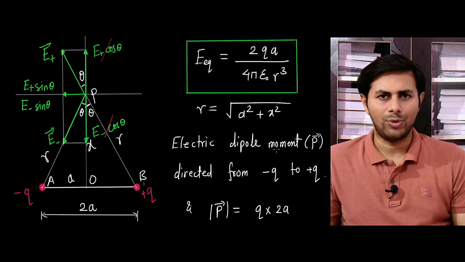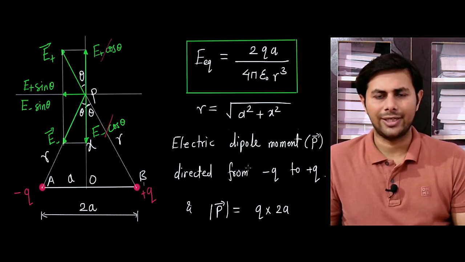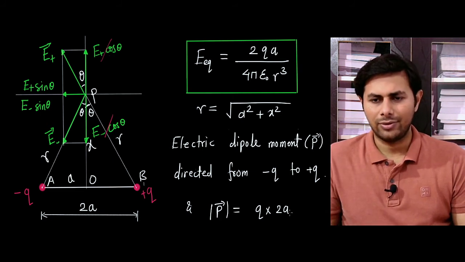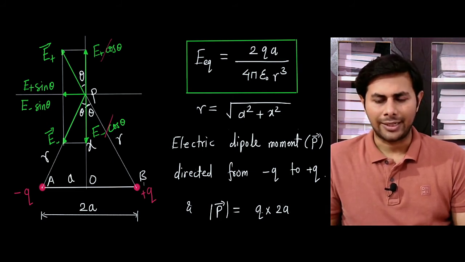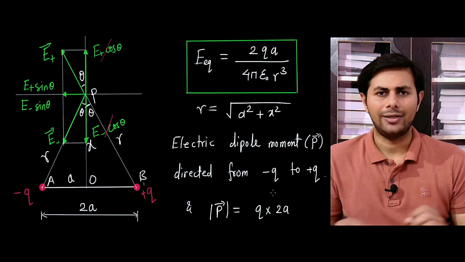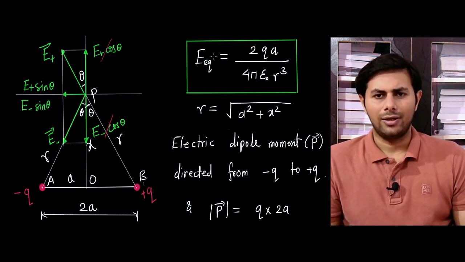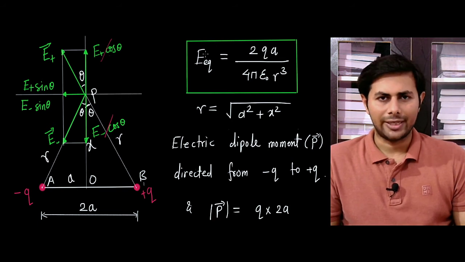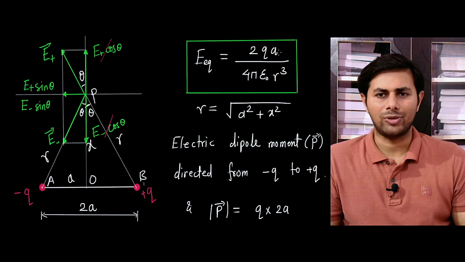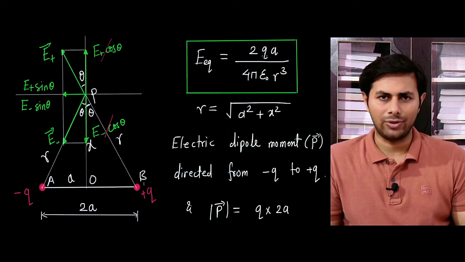So the electric dipole moment is denoted by the letter p bar, and it's directed from minus q to plus q in an electric dipole, and its magnitude is equal to q times 2a. Okay, the magnitude of charge multiplied by the distance between the two charges. All right, so in this formula of the electric field we can see in the numerator that there is 2 times qa or q times 2a.